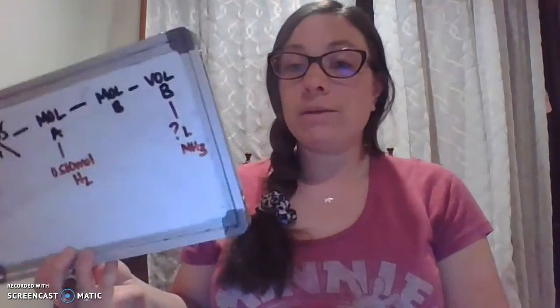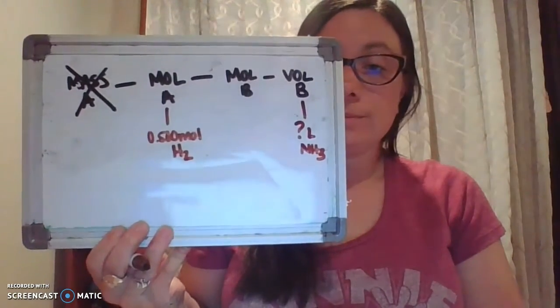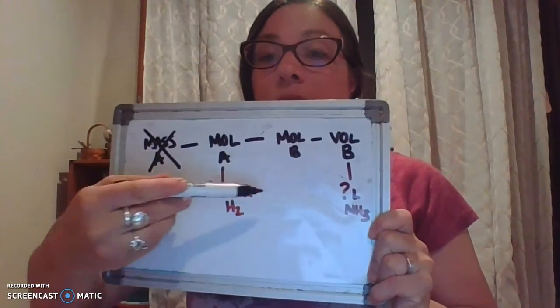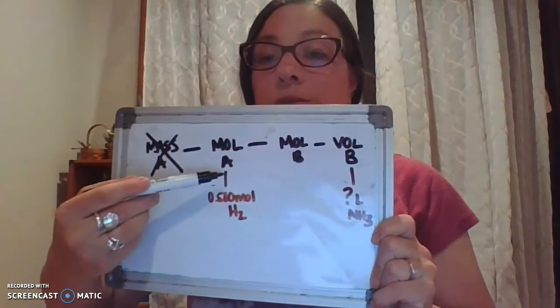And I know that I'm trying to find volume of substance B. It's going to be some volume of NH3. So that means I have to convert moles of hydrogen into moles of NH3 first. That's the first step.